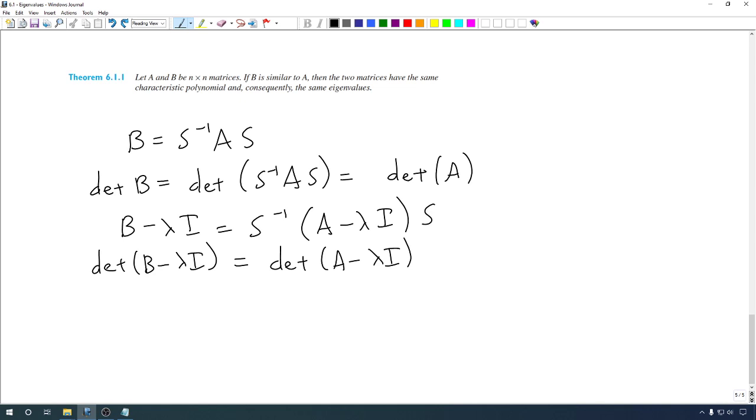This is one where you're going to have to show that if B is similar to A and x is an eigenvector of B belonging to lambda, then it's not that x will be an eigenvector of A corresponding to lambda, but S times x. I'm going to leave that for you to work on, and it's not really that complicated.